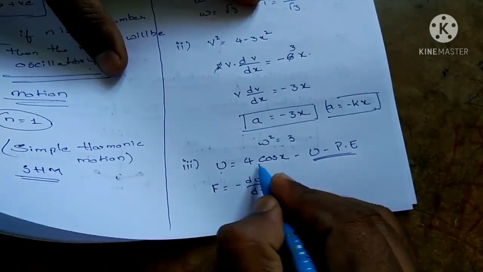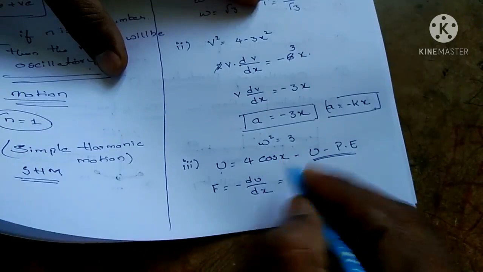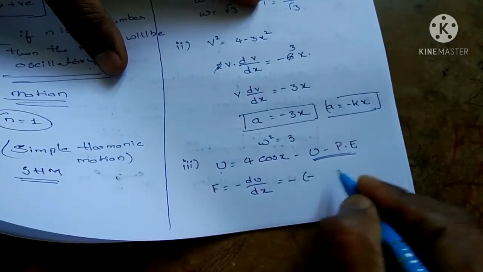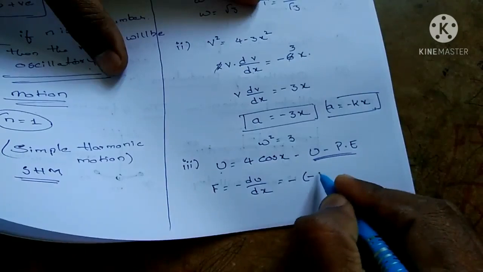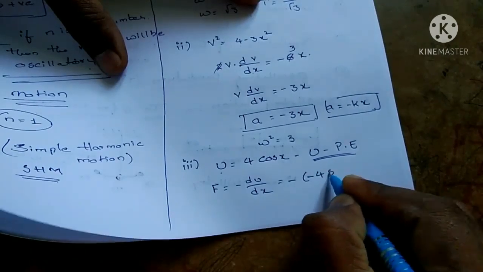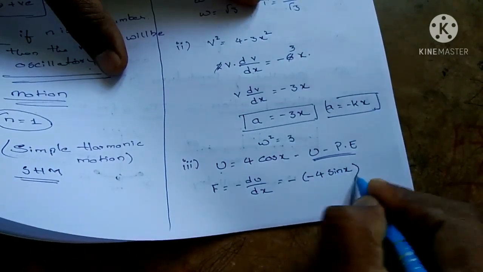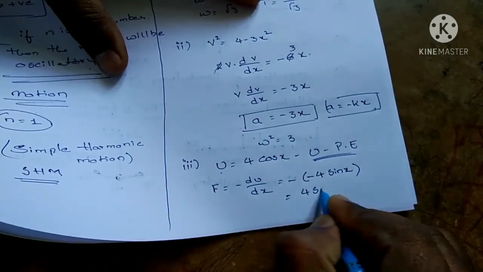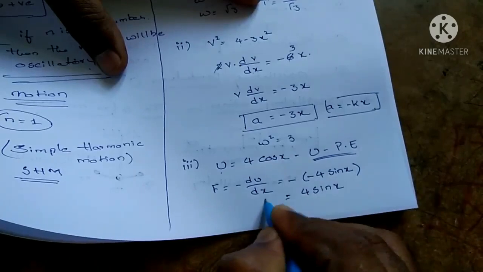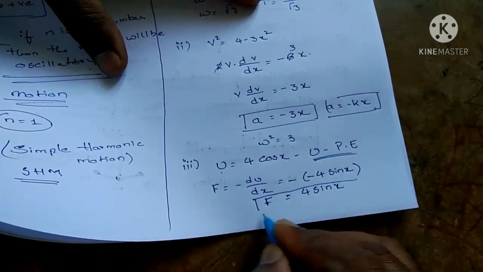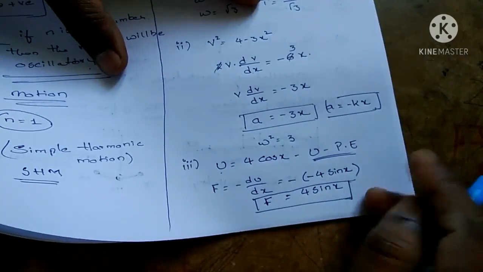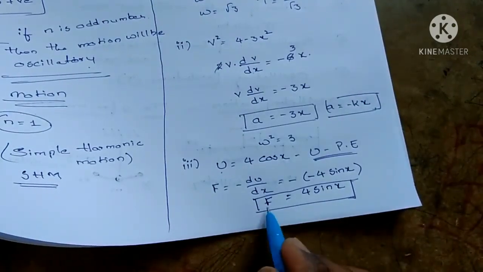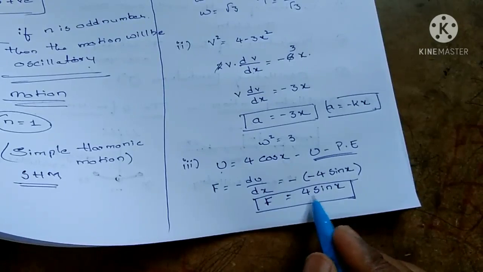If I differentiate this equation with respect to x, what am I going to get? Minus of minus 4 sin x. Minus into minus, I will be getting 4 sin x. So I got F is equal to 4 sin x. Here I cannot say that it is SHM, because F is equal to 4 sin x.